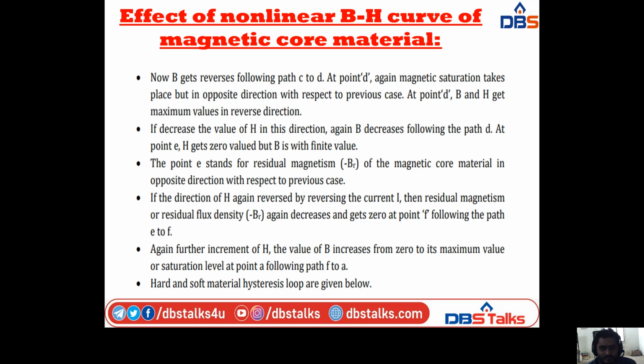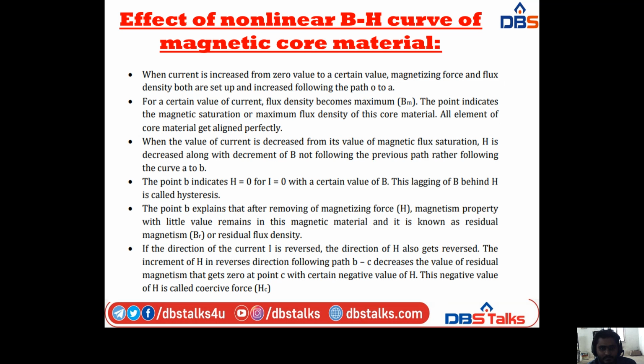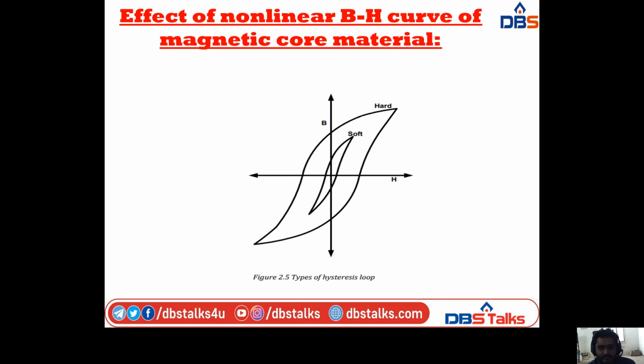Next, hard and soft material hysteresis slopes are given below. These are the types of hysteresis slopes we have. This curve gives the soft BH curve, and this curve gives the hard BH curve.